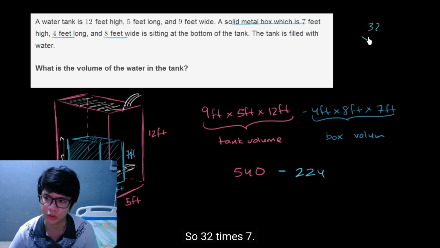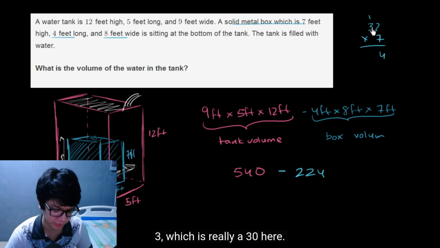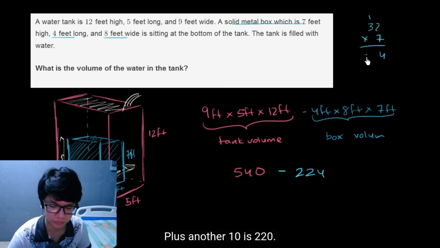So 32 times 7: 2 times 7 is 14, and the 30 times 7 is 210. Plus another 10 is 220, plus the 4, so 224.